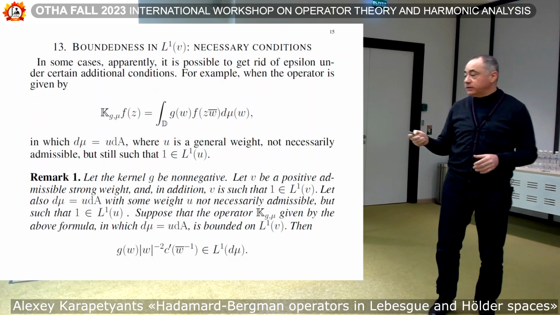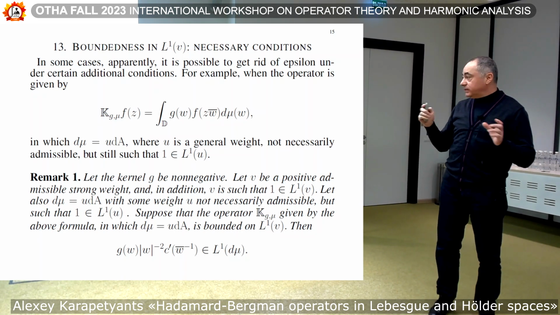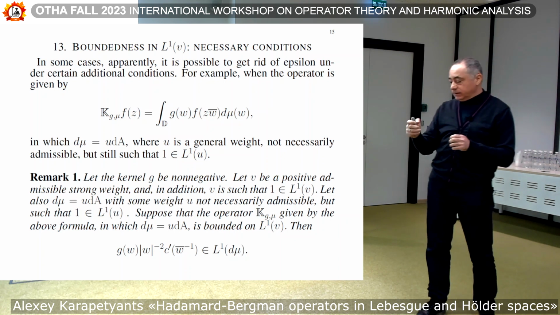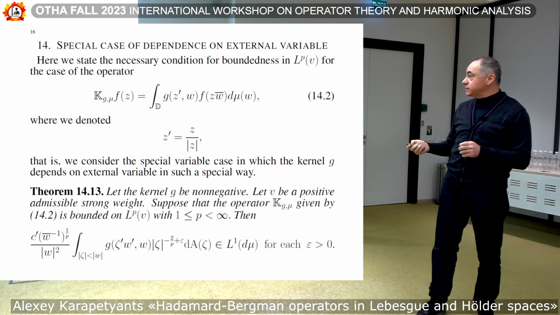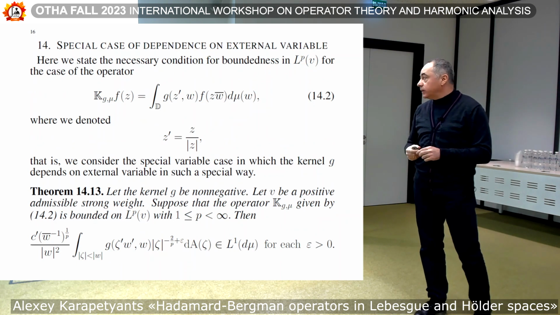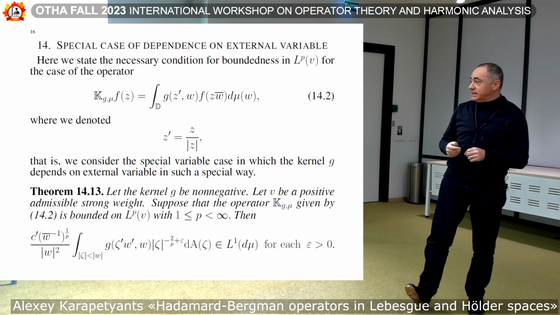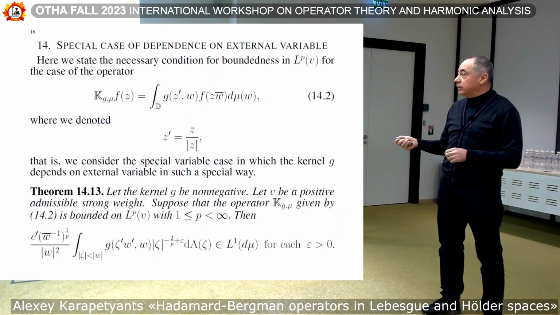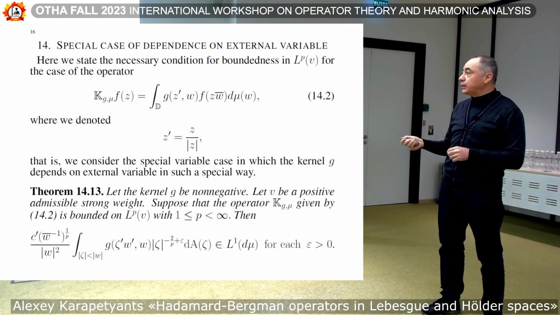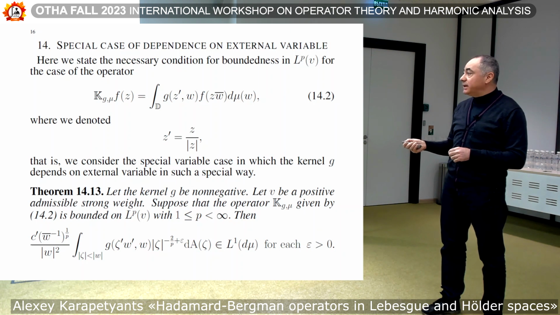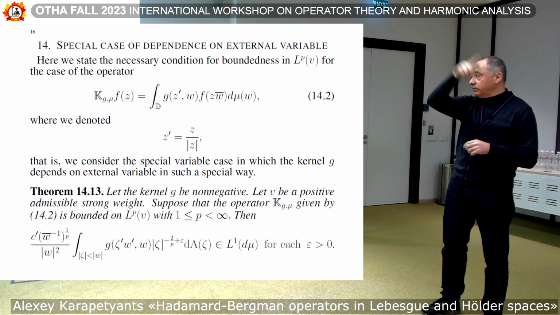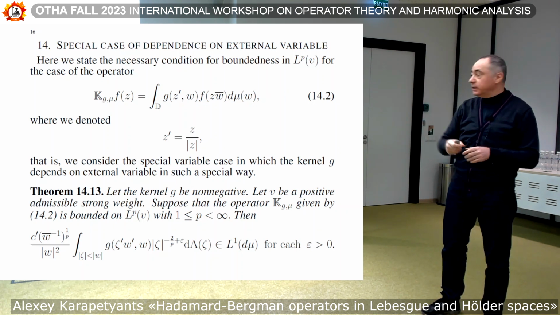I will not comment on this remark, but sometimes when you go into details in some particular case, you can get rid of some additional requirements. And one more theorem about a necessary condition is given for a variable kernel, still a variable function, but one that depends only on the angle variable, only the variable that runs over the circle.